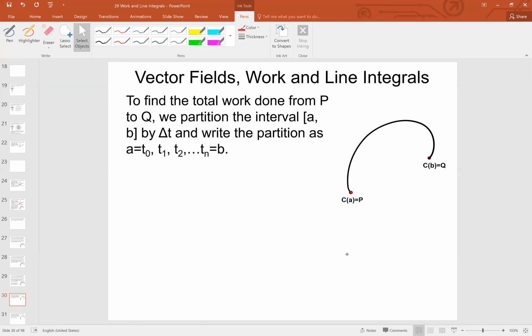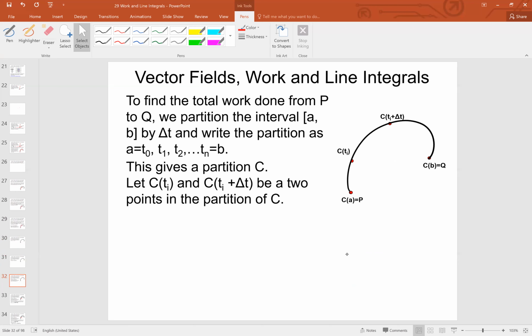To calculate the total amount of work, we do the following.